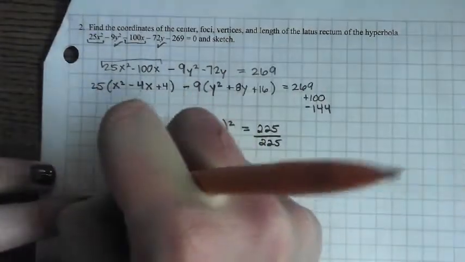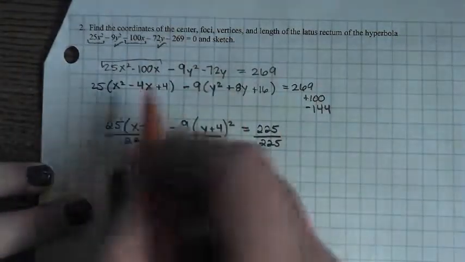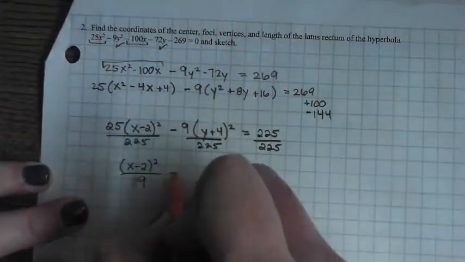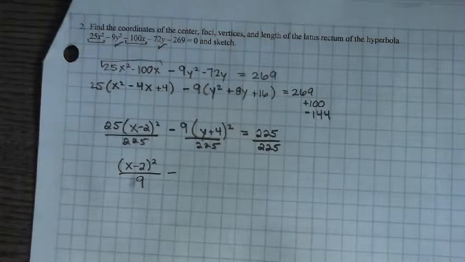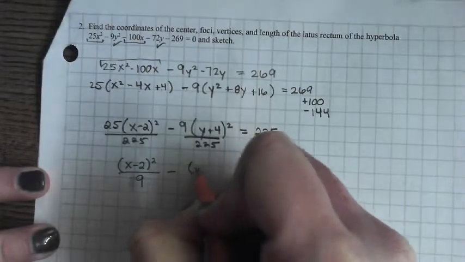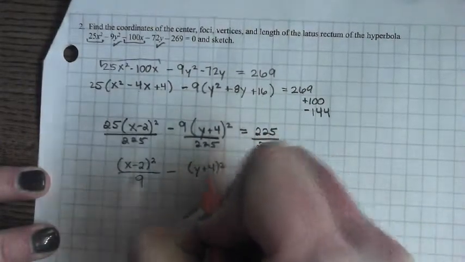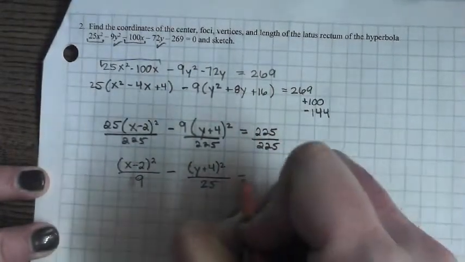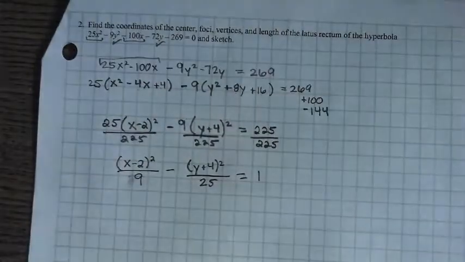Oh, 25 over 225 is 1/9. Minus, and then this one reduces to 1 over 25. So you've got your hyperbola format.